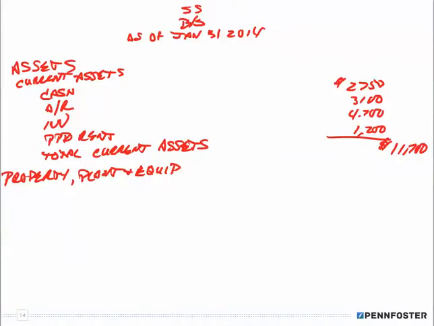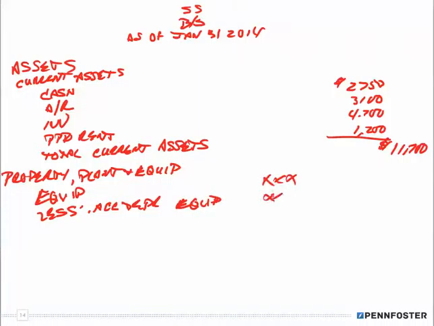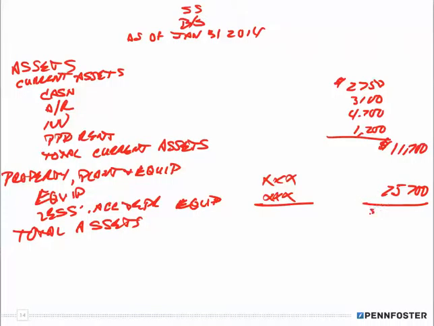So when we talk about property, plant, and equipment, you'll often see, instead of always writing that out because it takes long, they'll just write PPE, okay? So the heading here should be PPE, and here's where I would put my equipment, less the accumulated depreciation equipment. And of course I'd have that amount here, less the depreciation, which would then give me my 25,700 here, and of course that would then give me my total assets, which would be the 37,450.